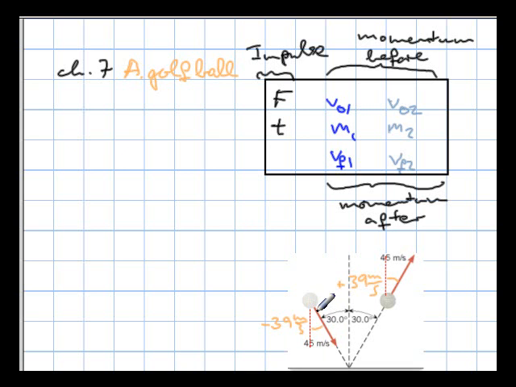Okay, let's see what else is given and what we're supposed to figure out. We're supposed to figure out the impulse, so I'm going to make a question mark here. What's the impulse?